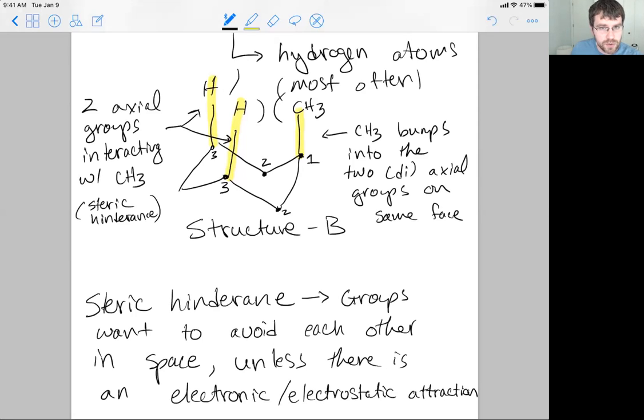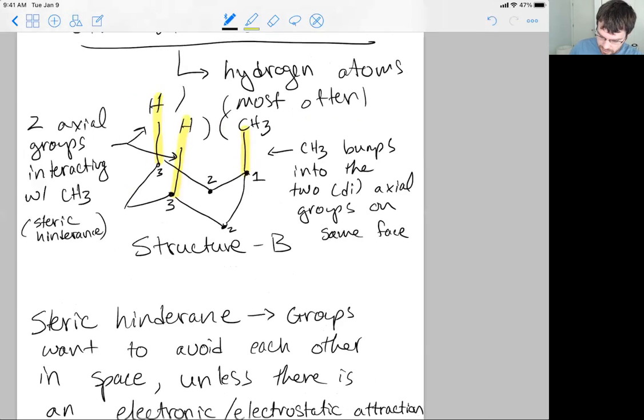Okay, so hydrogen atoms provide some sort of interaction, and it turns out that we could have something a bit more complicated. Like, let's say that we've got some bigger groups.